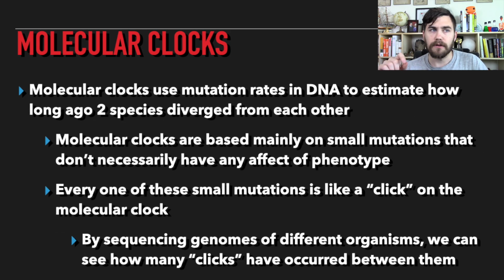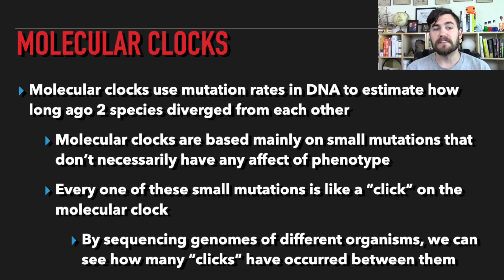So, molecular clocks use mutation rates in DNA to estimate how long ago two species diverged from each other. Molecular clocks are based primarily on small mutations that don't necessarily affect your phenotype. Every one of these small mutations is like a click on the molecular clock, like the second hand as it goes around.